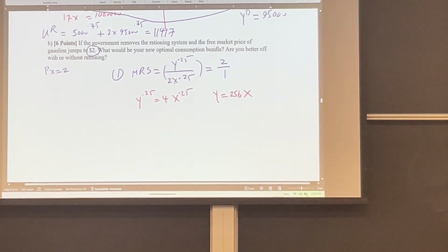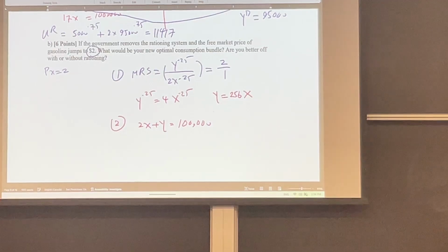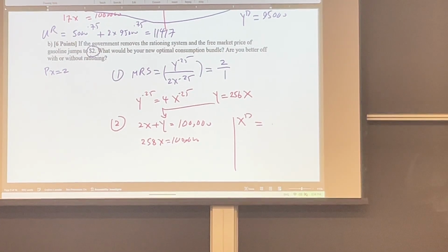And then we can use the budget line. Take this one there. That is 258x. That means 100,000. So what's the demand for X? What's the 100,000 divided by 258? Should be a small number. Less than 400. 300? 100,000 divided by, just round it. 388. Yeah.